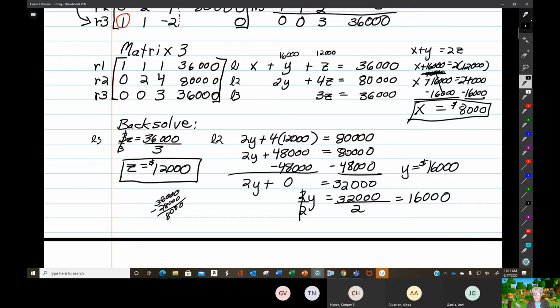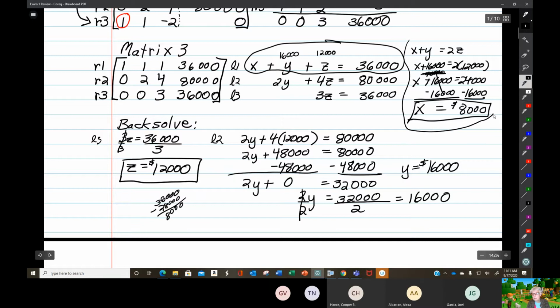So would that be faster? It might not. It might actually have been faster to just go ahead and do this and not use this other little relationship. But you see, either way, you're going to come out with the right answer. It's all in the steps.